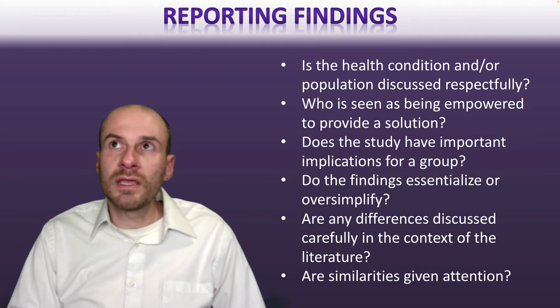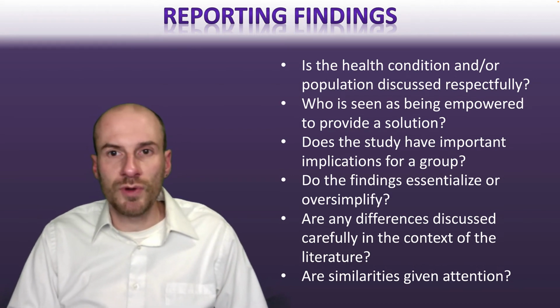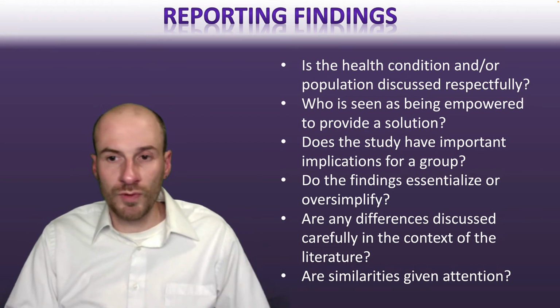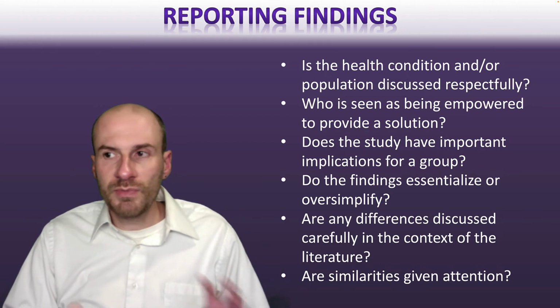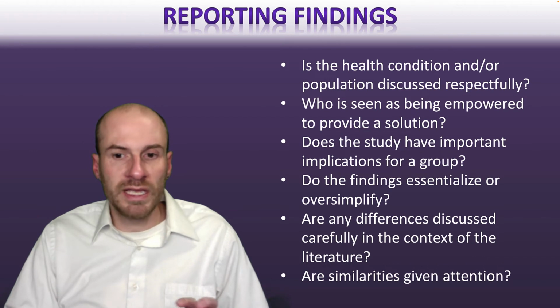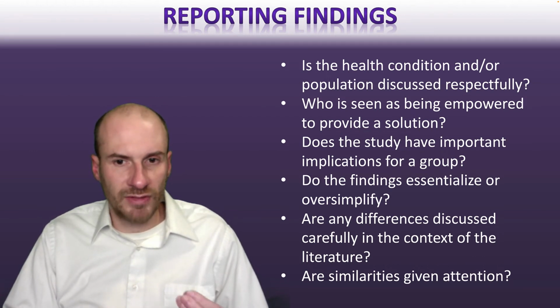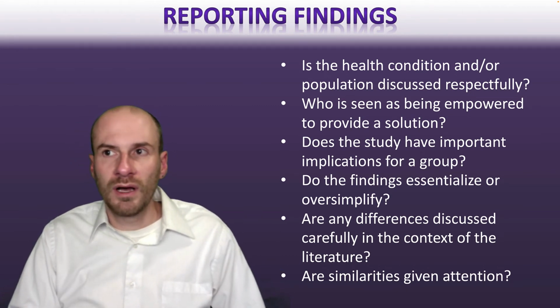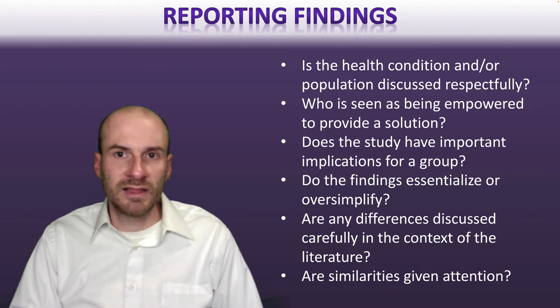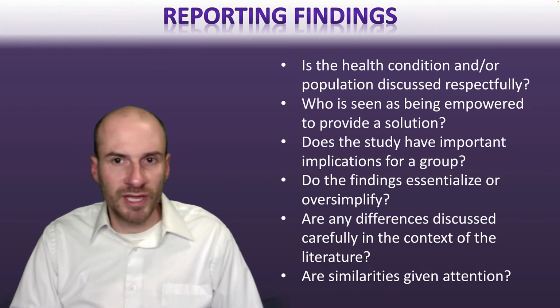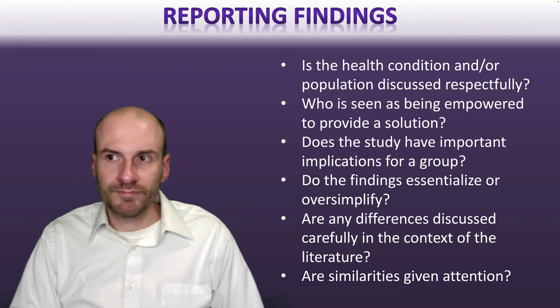Did we, if we saw differences between groups, particularly a marginalized group and groups in power, did we talk about what those differences are in the context of the literature? Did we actually think about what the evidence says about those relationships? Or did we just say, well, we'll just make the general assumption that this is just a power dynamic issue that is just there.